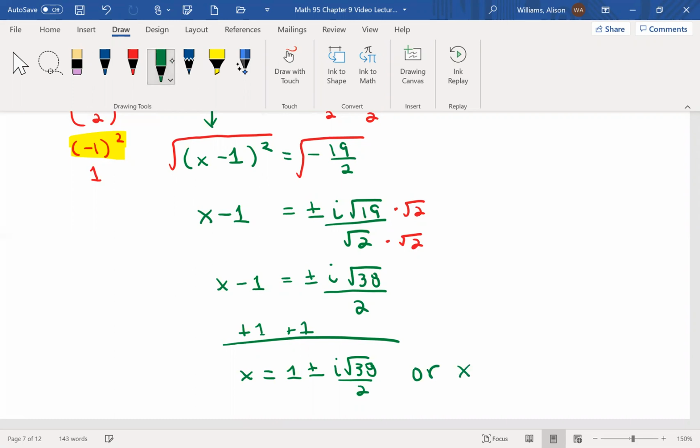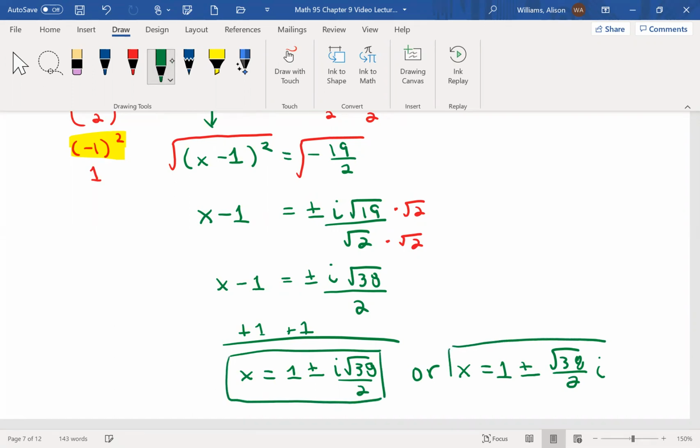And they do that because imaginary numbers, they like to keep it in the form a plus bi. So they like to put the i sometimes at the end. Either answer is perfectly acceptable, but you may want to get into the habit of putting i at the end so that it'll match how your teacher wants you to do the answers.